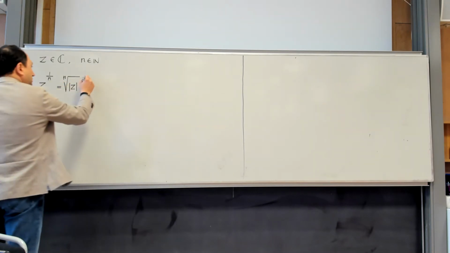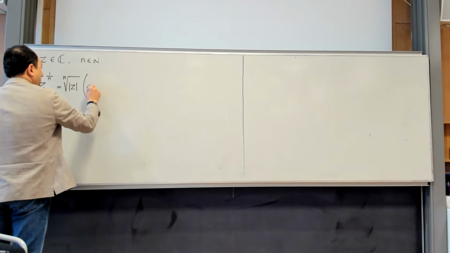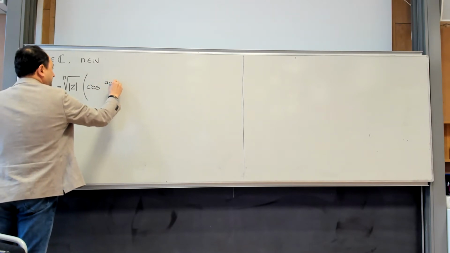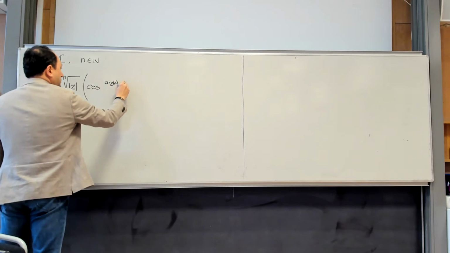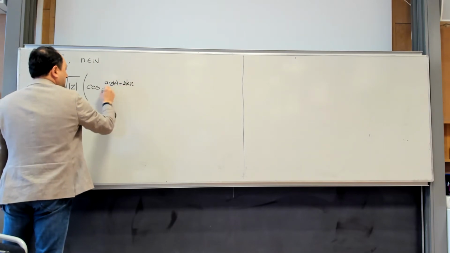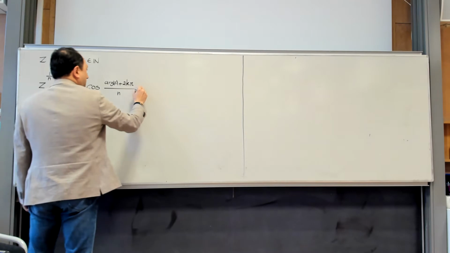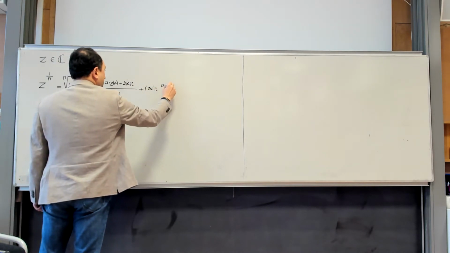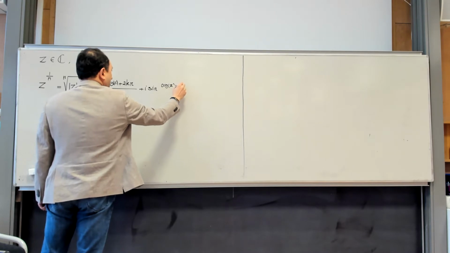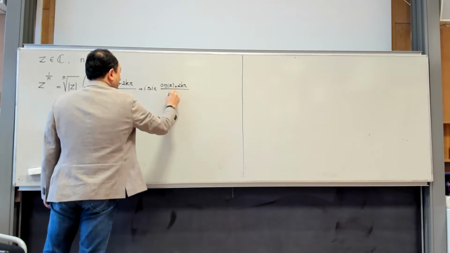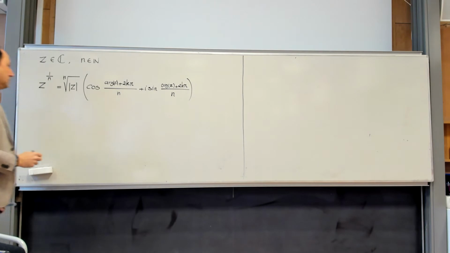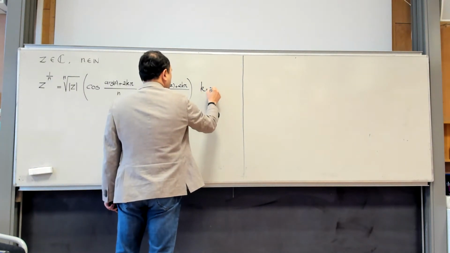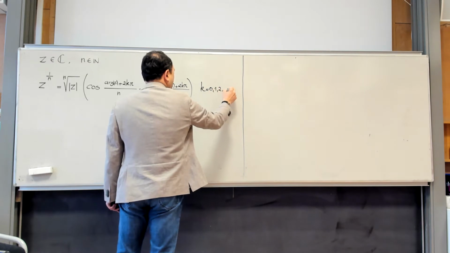And then you need to multiply it by the cosine of the argument of z plus 2k pi divided by n, plus i sine of the argument of z plus 2k pi divided by n. Do you remember, k goes from 0, 1, 2, up to n minus 1.